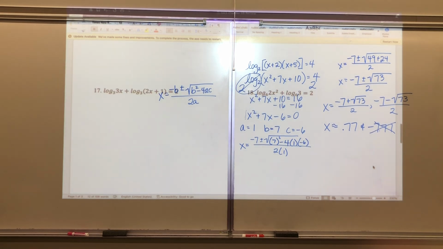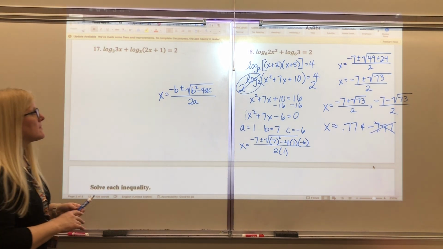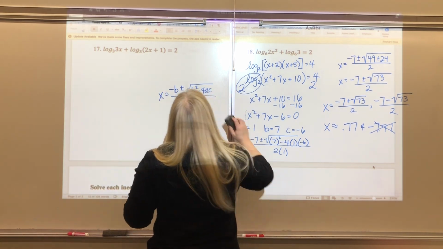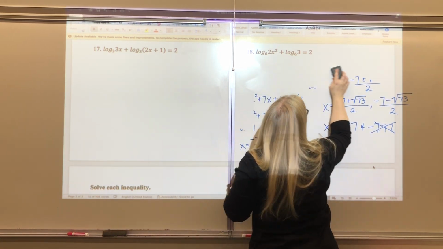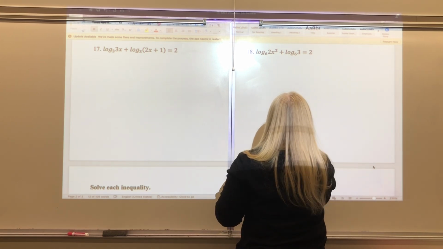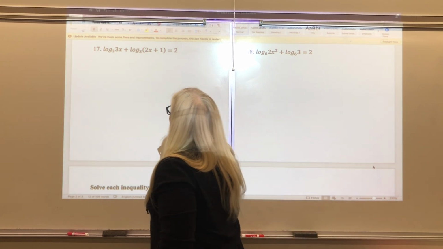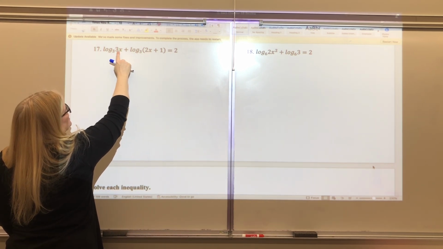Number 17. We don't need that anymore because there's only one on the homework like this, or on this review. All right, very similar to number 15.